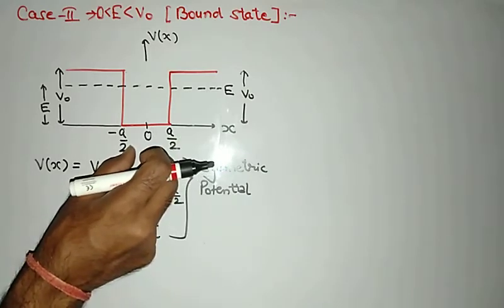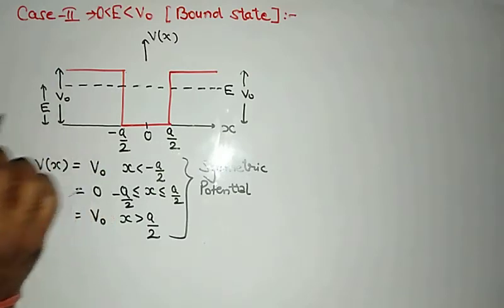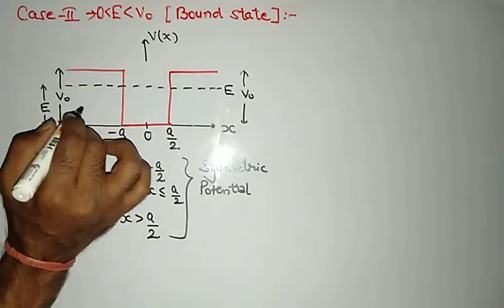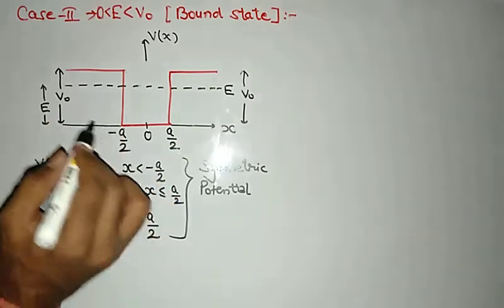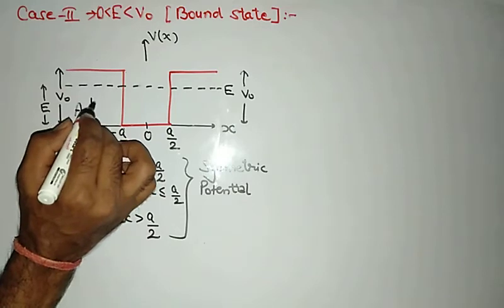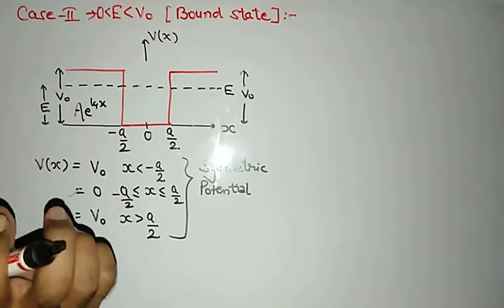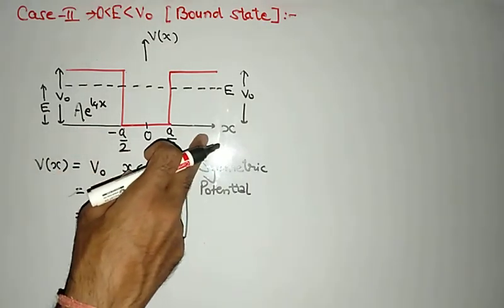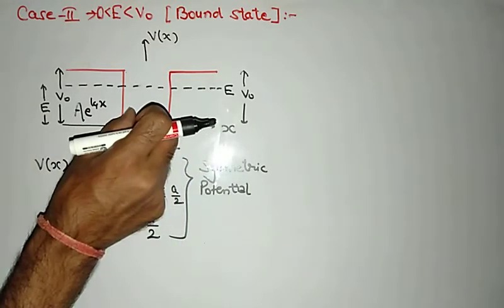So for this, writing plane wave equations, we can write e to the power k1x, as we said that in this region and this region it decays but oscillates in this region.